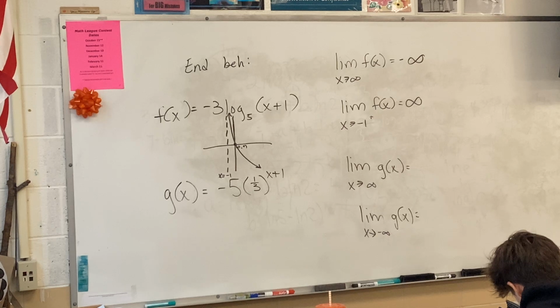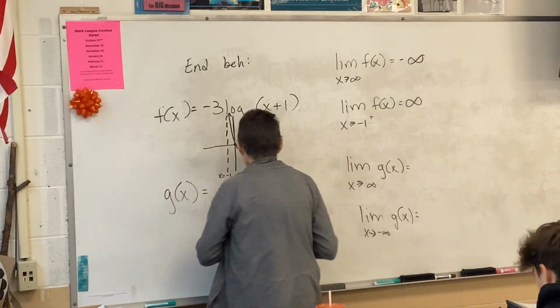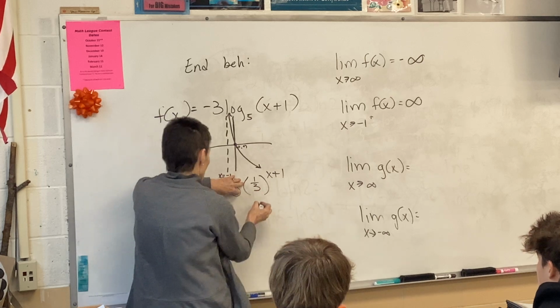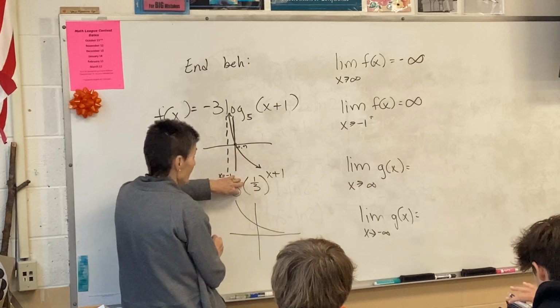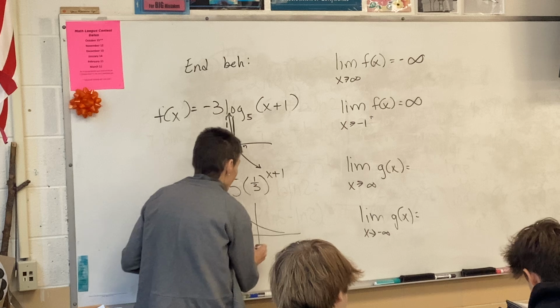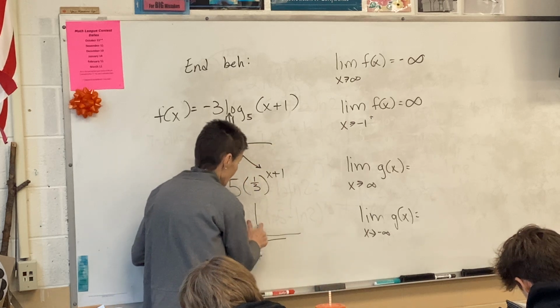All right, what's our exponential look like? Well, let's do it in pieces, don't get overwhelmed. What would an exponential with a base of 1/3 look like? Okay, so that would look like this. But what does that negative do? Flips it, so now it looks like this. Everybody follow that?